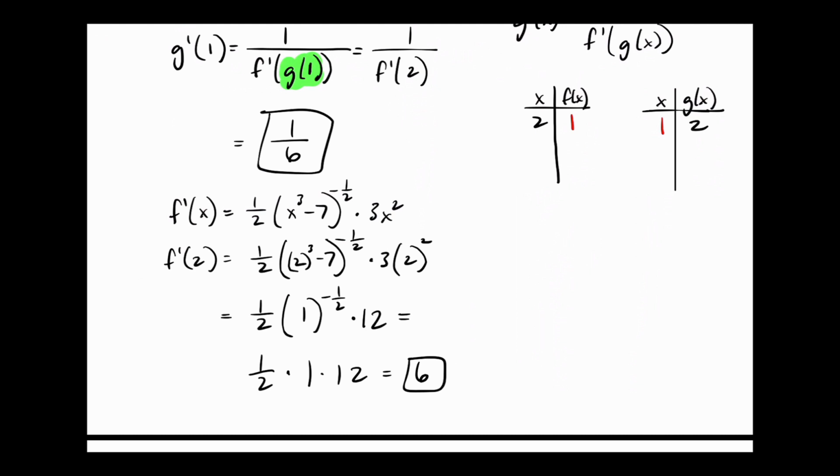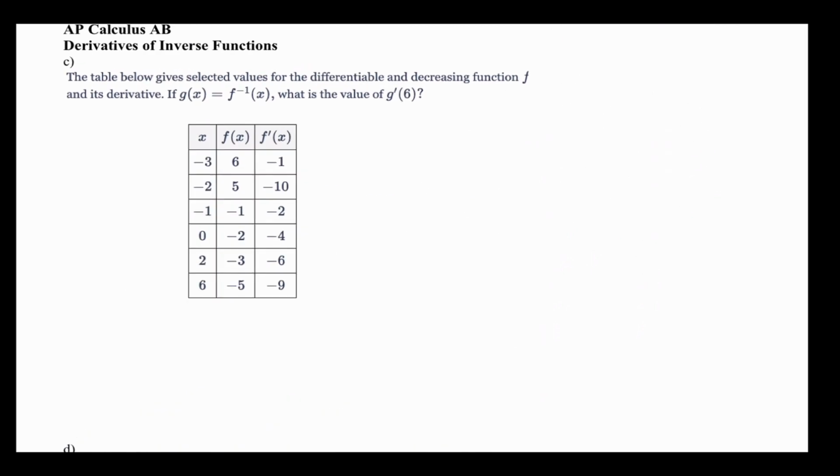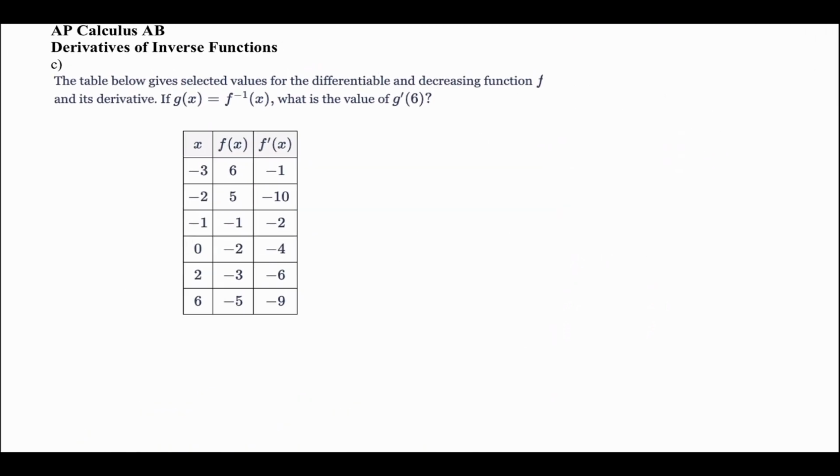Okay, so now let's look at the next one. The next one is now they don't give you equations, they give you tables, which is actually nice because one of our steps is to make a table. Well, they've already given us the table, so we don't have to do that. Okay. The table below gives selected values for the differentiable, increasing function f and its derivative.